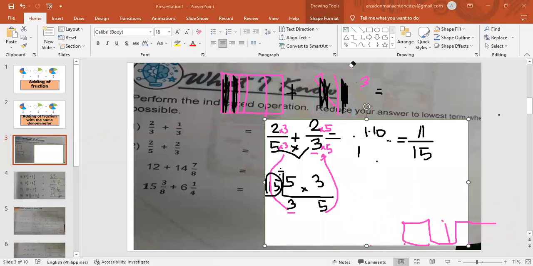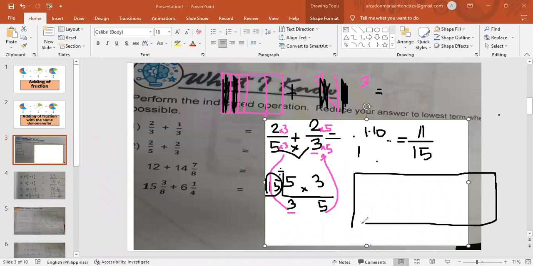Okay. Let's draw first the 15. Let's draw 15. What do we call this one? 15 parts of one rectangle.